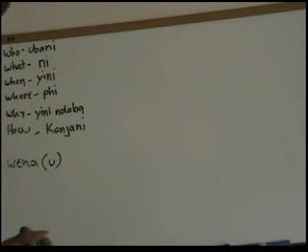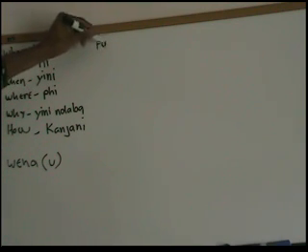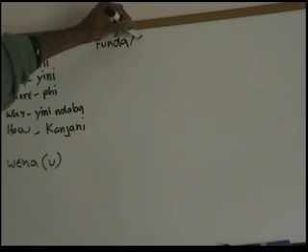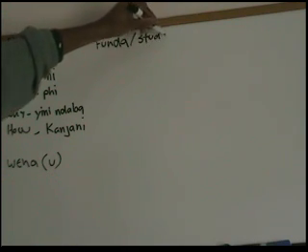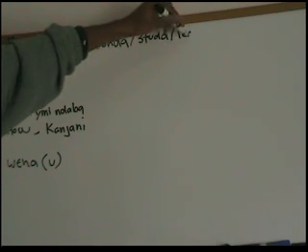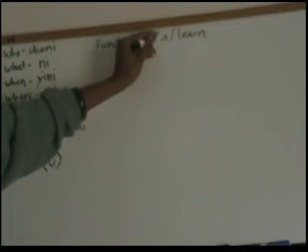So I want to use ni here. I will ask you, what do you study? What do you study? Funda, just to write it for you guys. Funda means study or learn. Look at that, I can't spell.